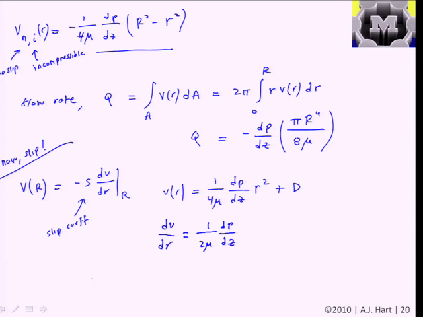And so now we can say that v of r is equal to minus s over 2 mu times dp dz, which should equal the substitution of r here, or 1 over 4 mu dp dz times r squared plus d.